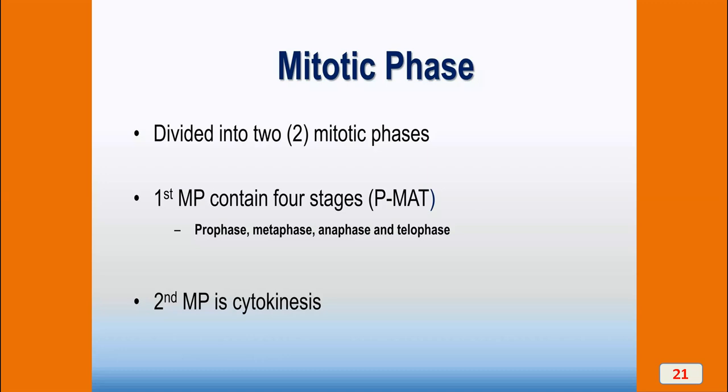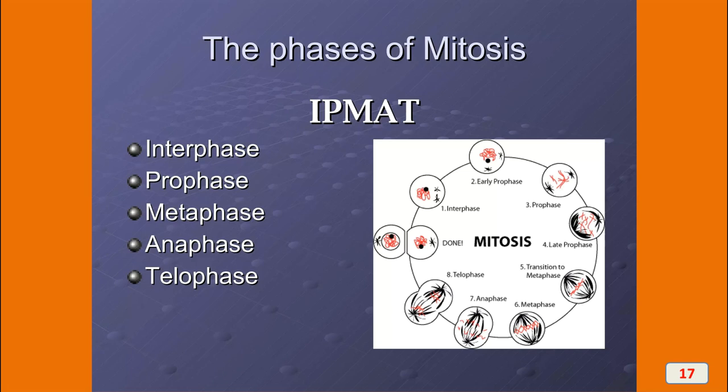The second is the cytokinesis. So the phases of mitosis can easily be remembered as IPMAT: interphase, prophase, metaphase, anaphase, and telophase.